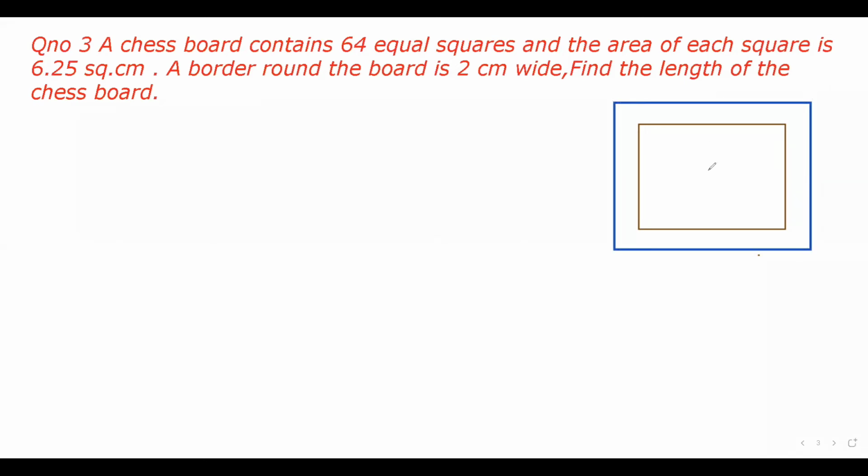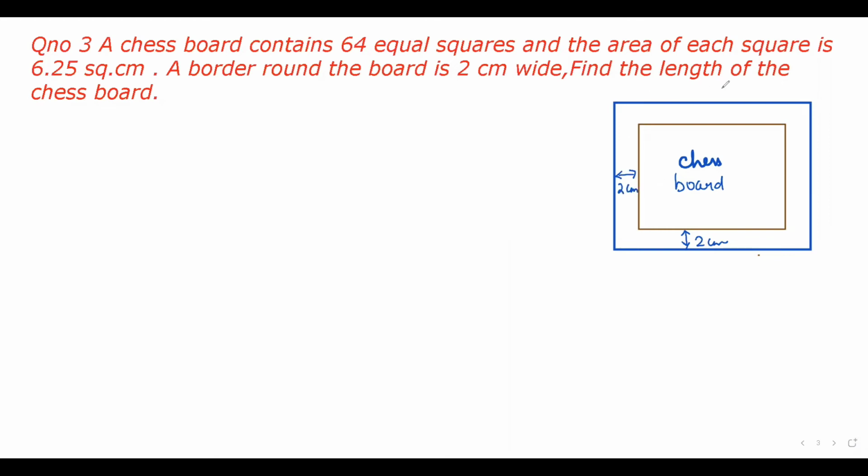So this is the chessboard. And we know in a chessboard total 64 equal squares are there. And this border is 2 centimeters, length wise and width wise both. 2 centimeters all around.